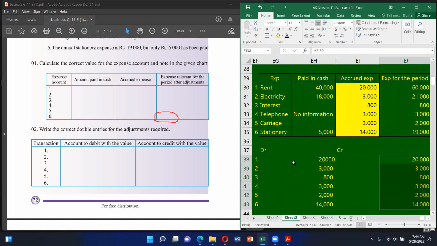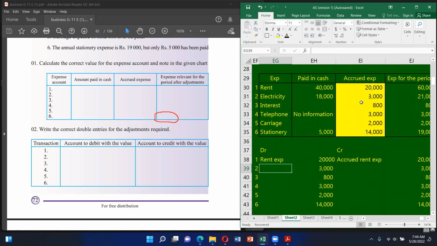Okay. First one, rent expense. Credit to accrued rent. Rent expense debit, accrued rent expense credit. Take electricity expense, accrued electricity.